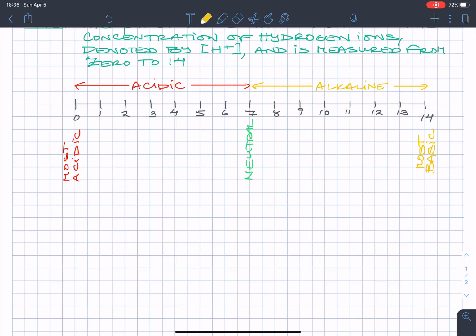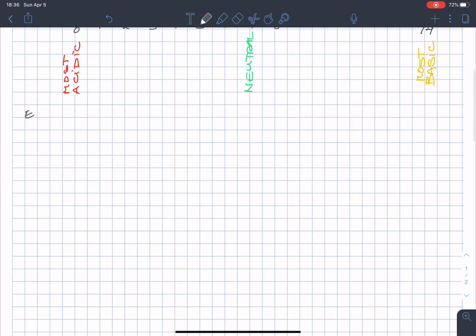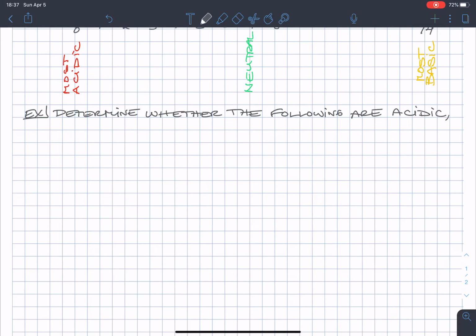Okay, so let's see if we can give examples of things you might have seen. So for example, determine whether the following are acidic, alkaline, or neutral.